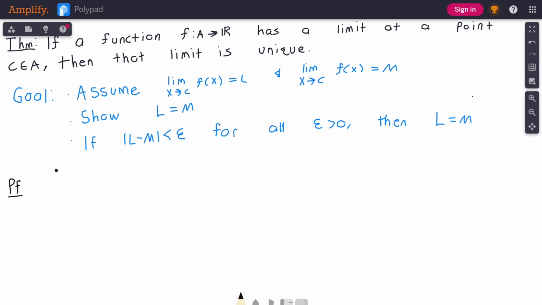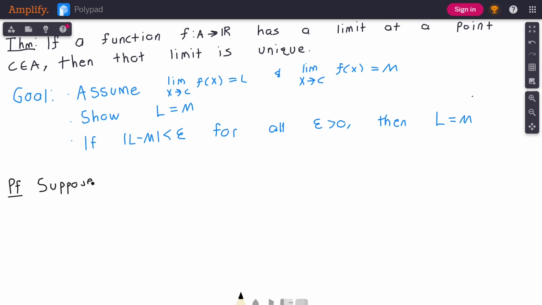Okay, so our first step is we're going to let epsilon be greater than 0. Actually, we need to first argue by contradiction.